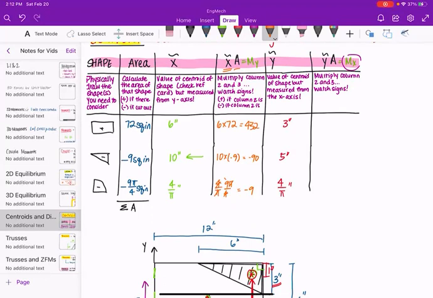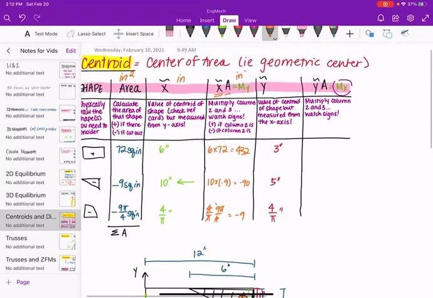I'm doing area, which is inches squared, times this, which is just inches. So the units in this column are going to be your distance cubed. So this would be 432 inches cubed, -90 inches cubed, and -9 inches cubed.